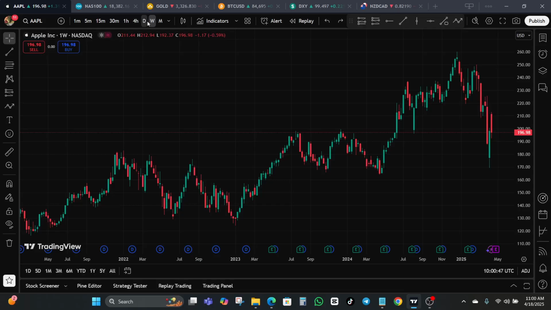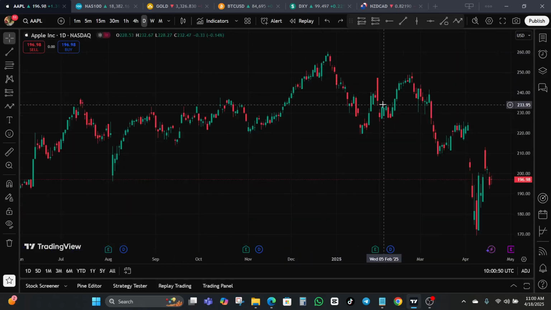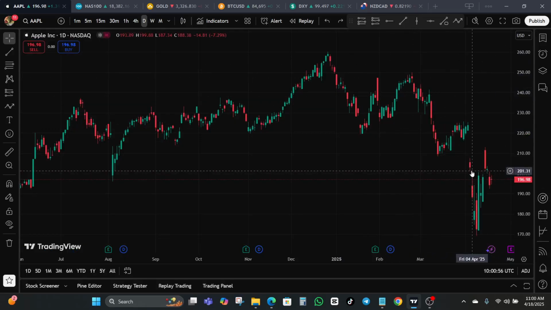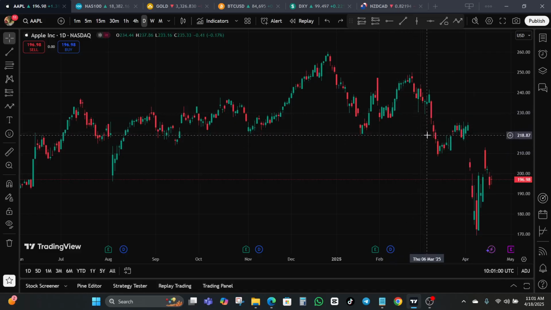For example, on a daily chart, you'll see the larger price trends, which will help you understand whether the market is trending up or trending down. So by analyzing these longer time frames, you are able to spot the best entry points and ride out the swing without having to monitor your position constantly.